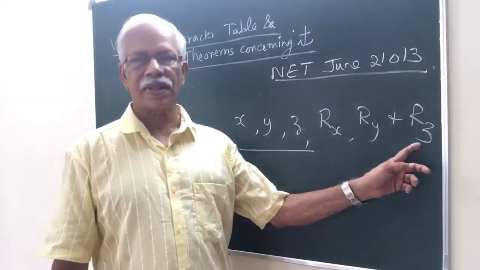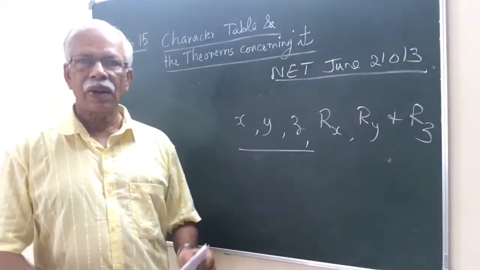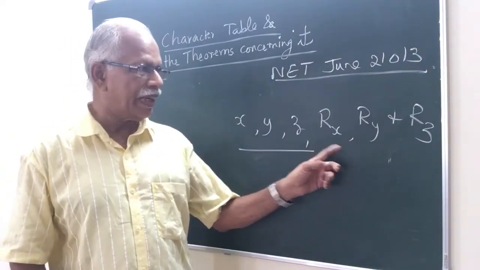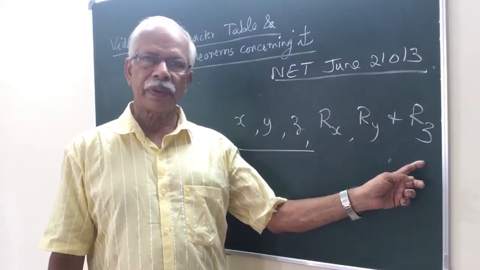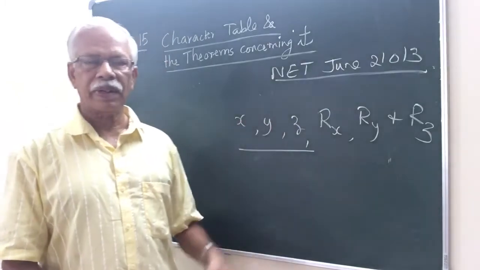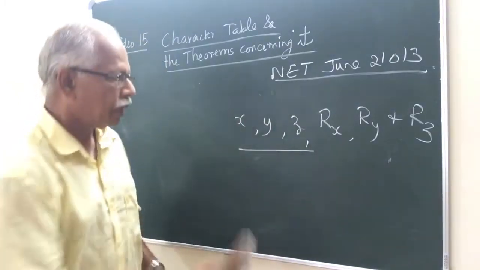Rx, Ry, Rz are the rotational motion of the molecule about the indicated axis. So the symmetry of this rotational movement can be obtained from the character table.